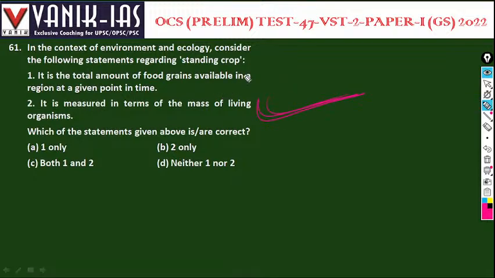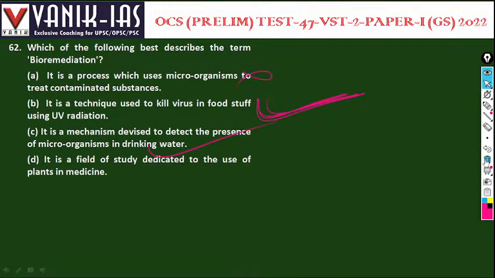It's not the total amount of food grains. This is wrong. It's measured in terms of mass of the living organisms. B is the answer. That is standing crop. Next question.